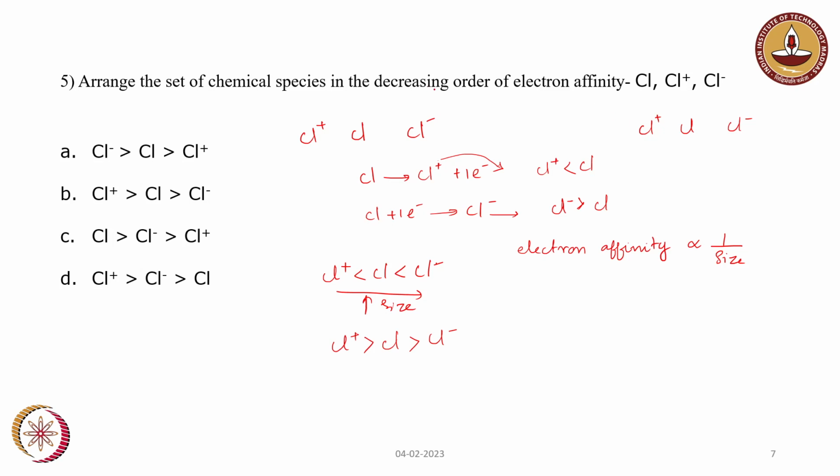We are asked to write in decreasing order. So Cl plus will have higher affinity compared to the neutral species, then the anion will have the lowest affinity.